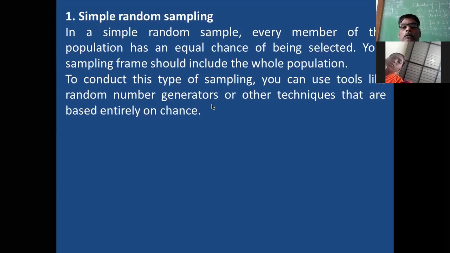You may create chits, or you may write the numbers and randomly select the numbers. It is possible. Out of 100, if you want to take 10, that 10 is to be taken randomly without any proper specifications. This is the first one.